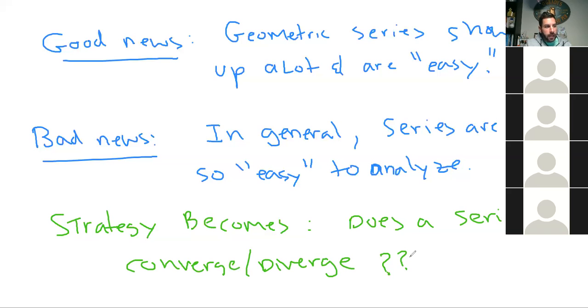We're not going to say what is the limit. That's too hard of a question to answer. So we're going to say, okay, series are complicated. We're not going to ask what the limit is. We're going to ask a more general question that's perhaps easier to answer. We're going to ask, does the limit exist? That is, does it converge or does it diverge? That's the main goal of what we're going to spend the next couple classes on. I don't know if that makes sense right now from this perspective.